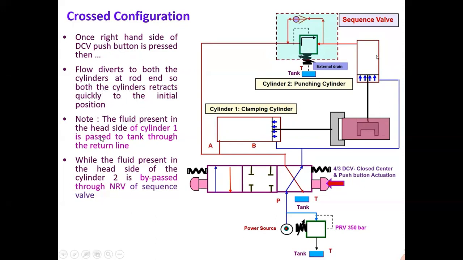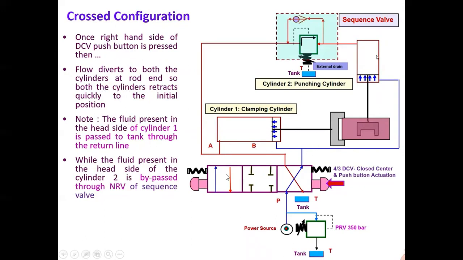Note the fluid in the head side of cylinder 1 is passed to the tank through the return line, while the fluid in the head side of cylinder 2 is bypassed through the NRV of the sequence valve.